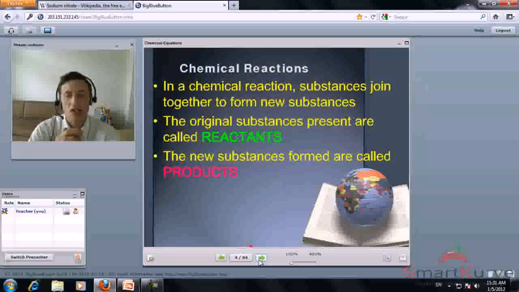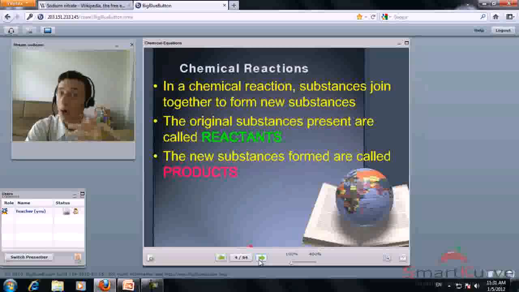In a reaction, substances join together to form new substances. The original substances present are the reactants. The new substances are called the products. You can think about this like if we're going to make a cake. We take eggs, flour, sugar, milk.